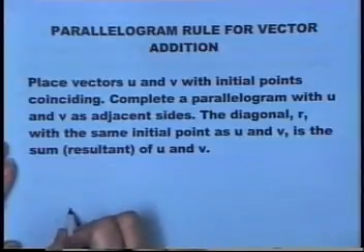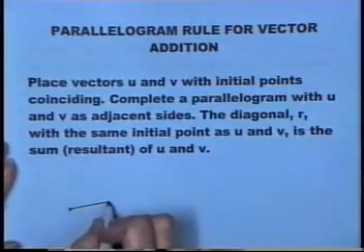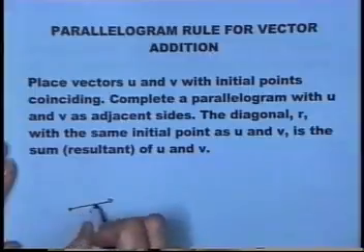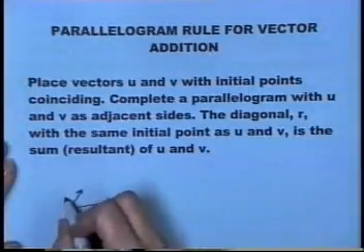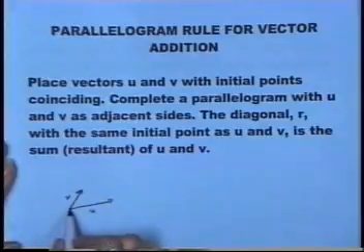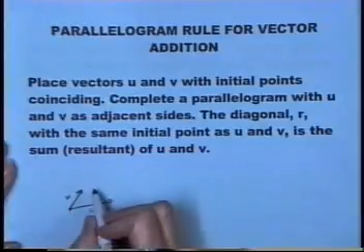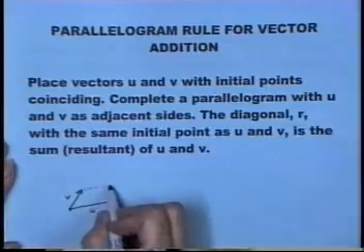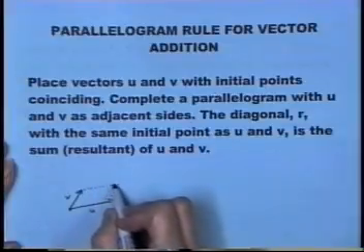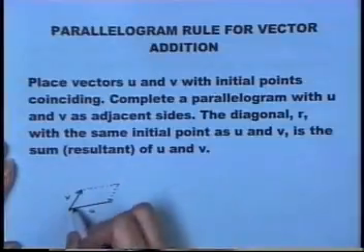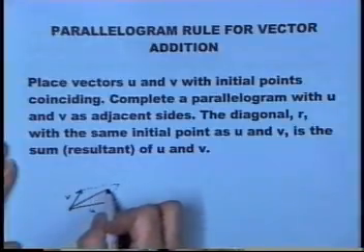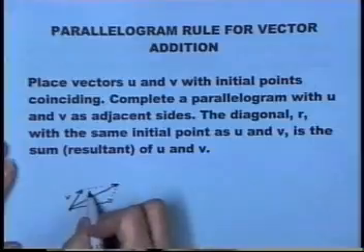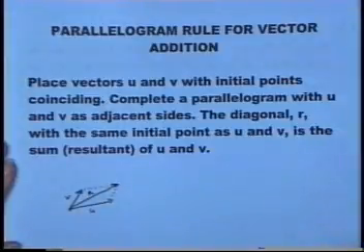If we have the vector u with its initial point and going in this direction, and then we have another vector v, notice I'm placing them with their initial points coinciding, then we will use these two vectors to complete a parallelogram. The resultant, again, has this same initial point and goes to the opposite corner. This will be the resultant vector r.